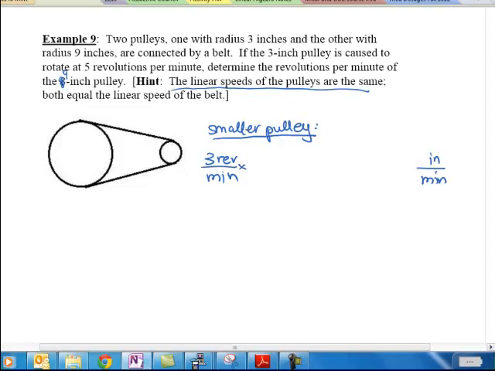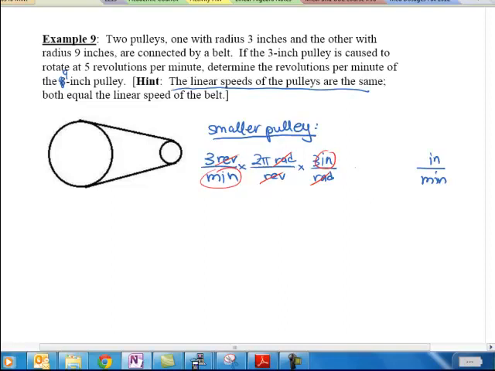So 3 revolutions per minute, we know there's always 2 pi radians per revolution, and because the radius here is 3 inches, we know 1 radian is 3 inches, so 3 inches per radian. So then we can cancel the radians, cancel the revolutions, and we'll have inches per minute.